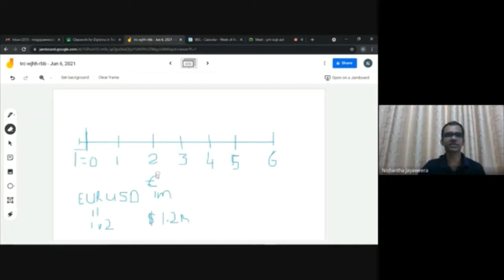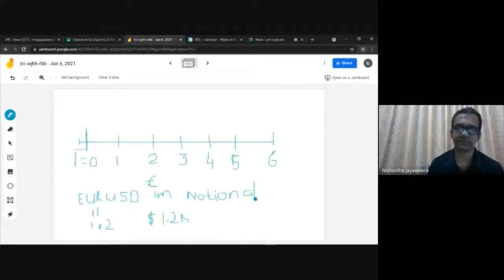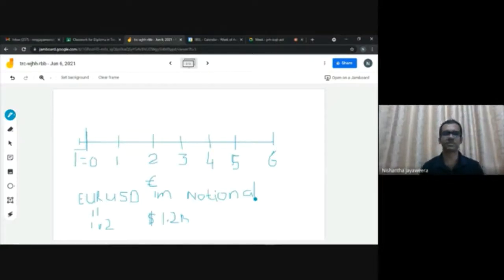However, this is the current exchange rate. This is the notional amount. We call it the notional amount or the notional principal. Why? It is just a nominal figure that both parties agree, not necessarily to transfer between the two parties. In some instances they will exchange these notional principal amounts.